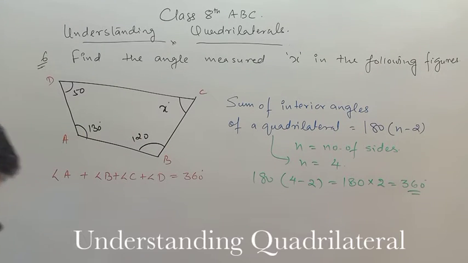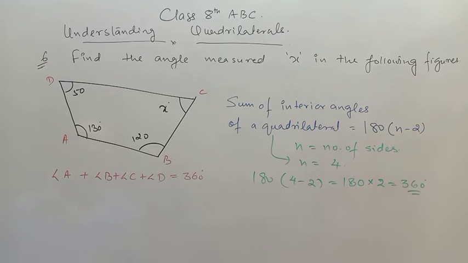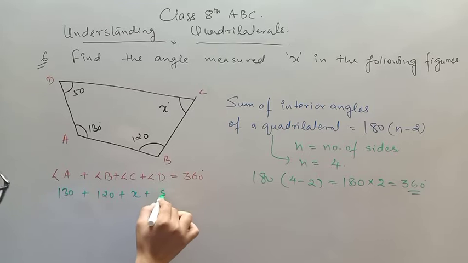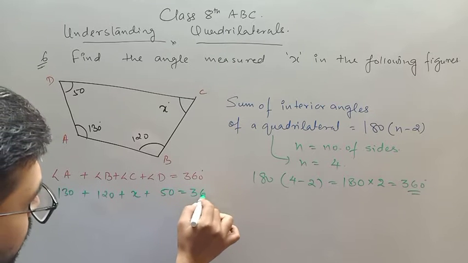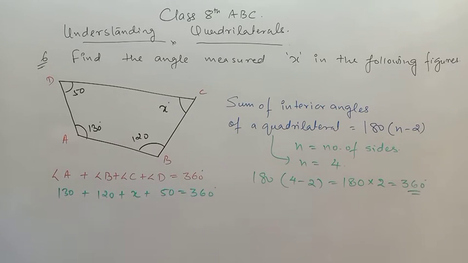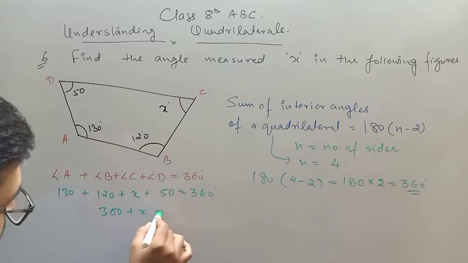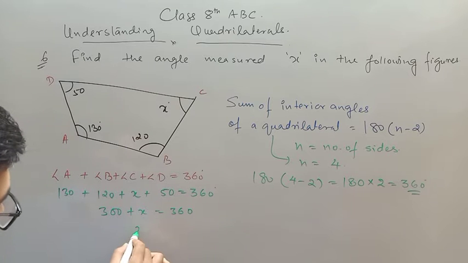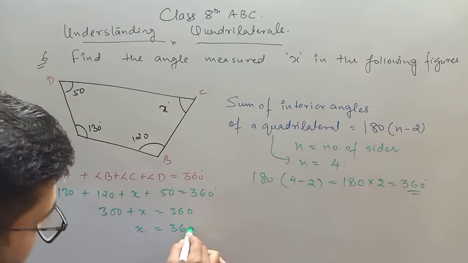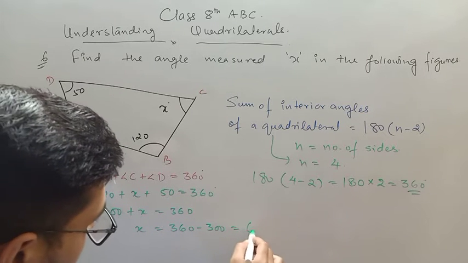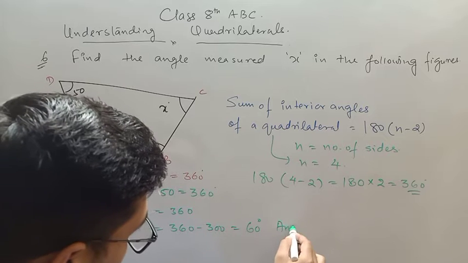Now angle A is 130 degrees, angle B is 120 degrees, angle C is x degrees, angle D is 50 degrees, equal to 360 degrees, right? 130 plus 120 is 250, plus 50 gives 300. So 300 plus x is equal to 360. So x equals 360 minus 300. So 60 degrees is the answer.